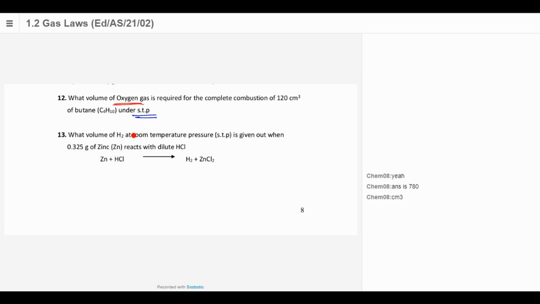It should actually be standard temperature and pressure. Just please correct it, it says STP here. Is given out when 0.325 grams of zinc reacts with hydrochloric acid.